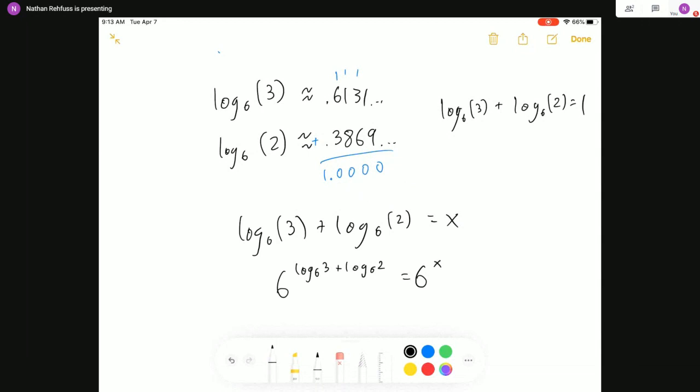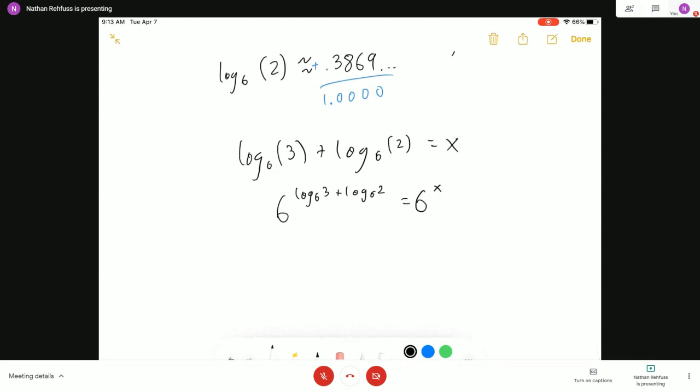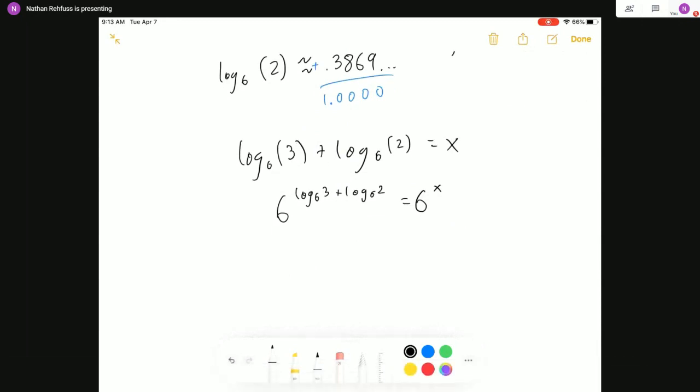Bear with me here. What this gets us is, if I have two numbers added together, no matter what those numbers are, if I say I have 6 to the power of a plus b, we know from chapter 1 that that's 6 to the a times 6 to the b. So I'm going to do that transformation here. This is 6 to the log base 6 of 3 times 6 to the log base 6 of 2.